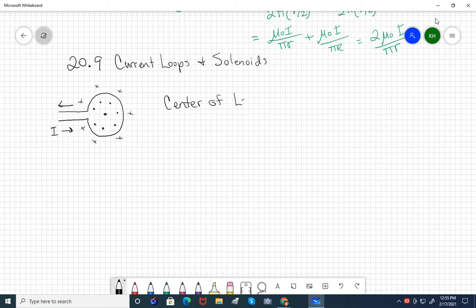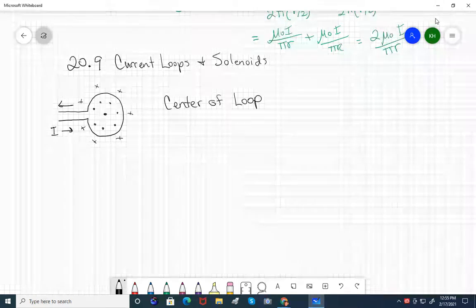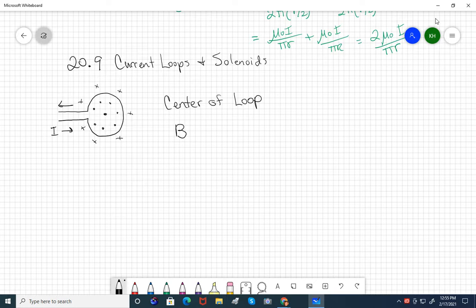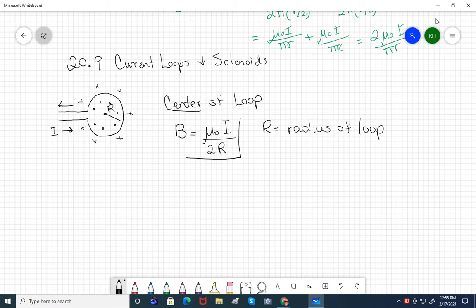So at the center of the loop, and again, this is just pretty much a gift because we don't have the calculus we need to develop these, the magnetic field strength is mu naught I over 2 r, and r is the radius of the loop. It's not the distance from the loop. It's the radius of the loop, and this formula tells us how strong the magnetic field is at the center. Now, truthfully, almost more often, we do not have a single loop.